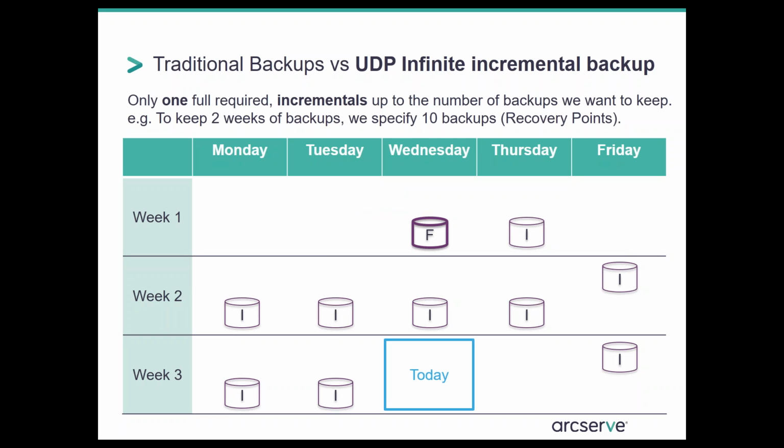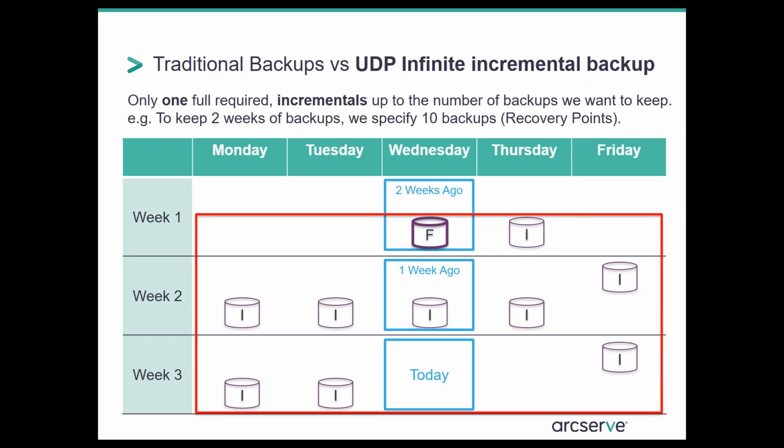So again, if we pretend that today is Wednesday and we want to restore data from 2 weeks ago, the data is available. And if we compare the data that we've saved compared to the traditional method, we have 1 full and 9 incrementals. And the incrementals are using block-based incremental backup, which means that they're smaller in size than a traditional file-based incremental.